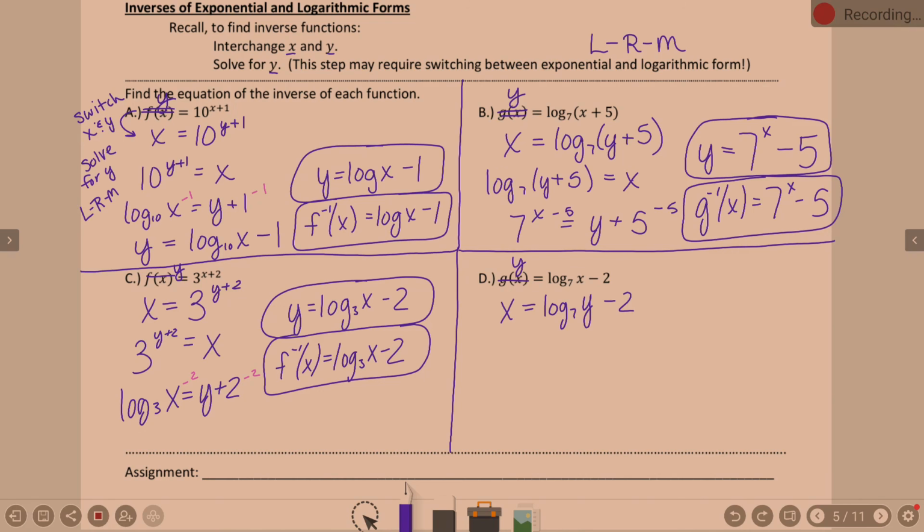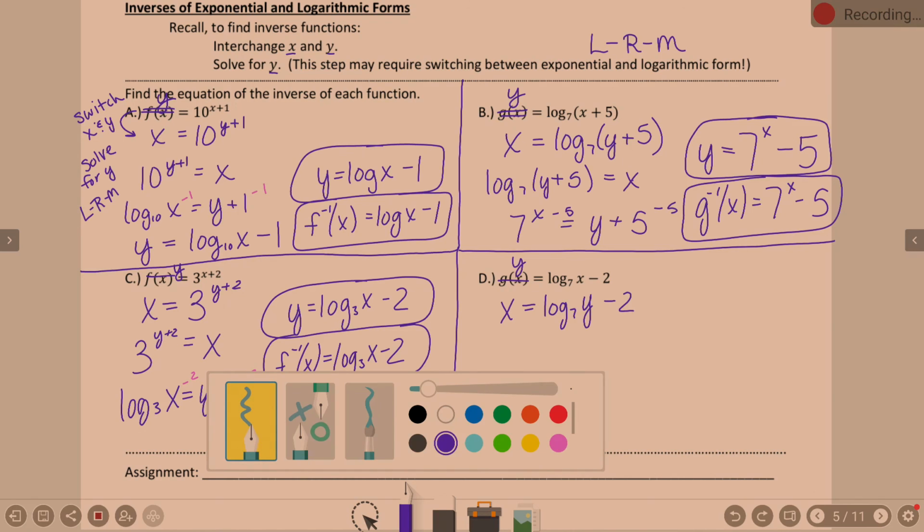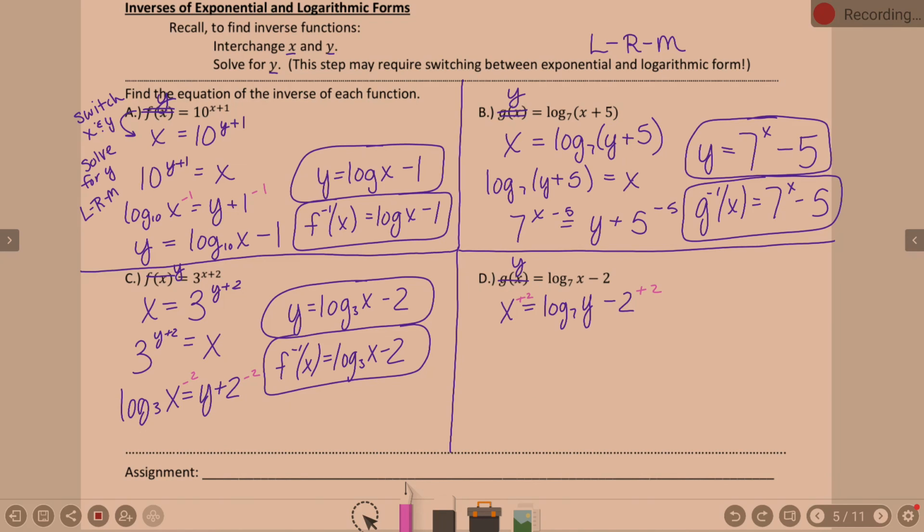So first thing we're going to do is add the 2 over. Now when I add my 2 over, I'm going to have log base 7 of y is equal to x plus 2. Now is my log by itself?